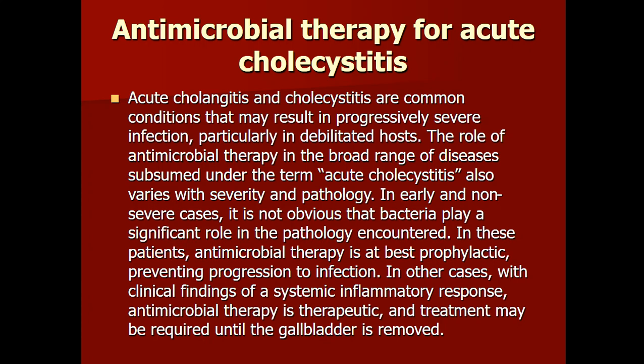Vancomycin is recommended to cover enterococcus for grade 3 community-acquired acute cholangitis and cholecystitis and healthcare-associated acute biliary infections. Linezolid or daptomycin is recommended if vancomycin-resistant enterococcus is known to be colonizing the patient, or if previous treatment. There are multiple factors to consider in selecting empiric antimicrobial agents.